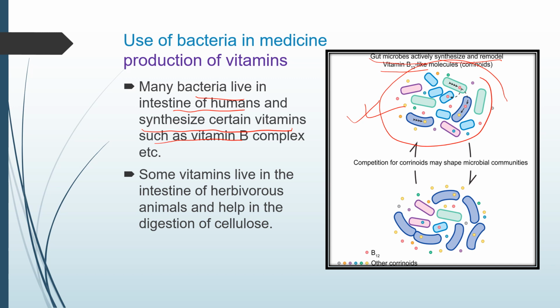Some bacteria live in the intestine of herbivorous animals and help in the digestion of cellulose. Many herbivorous animals like cows have these bacteria in their intestines, which help digest cellulose.